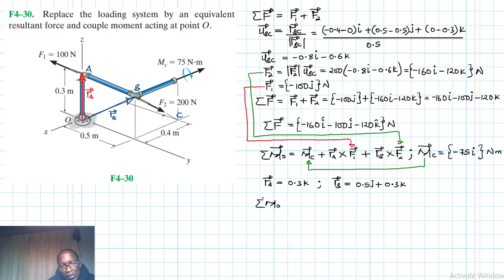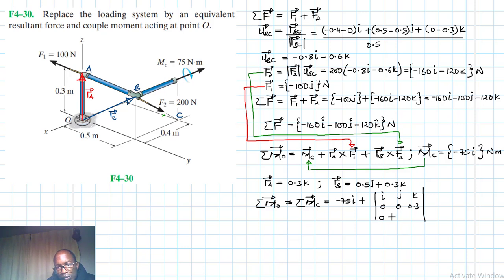Then summation of our vector moment is equal to the couple moment itself, of course acting at point C, equal to minus 75 I plus determinant I, J, K, RA. What is RA? It is 0, 0, 0.3. And what is F1?